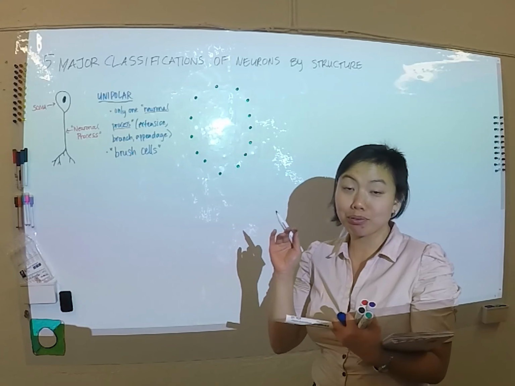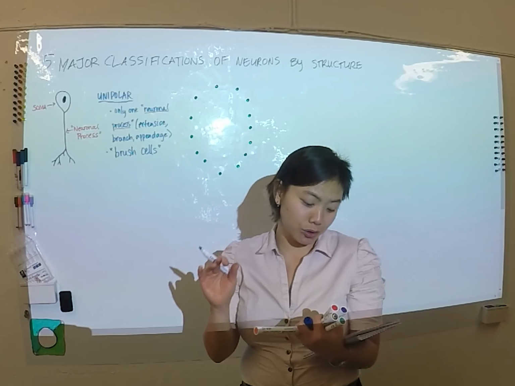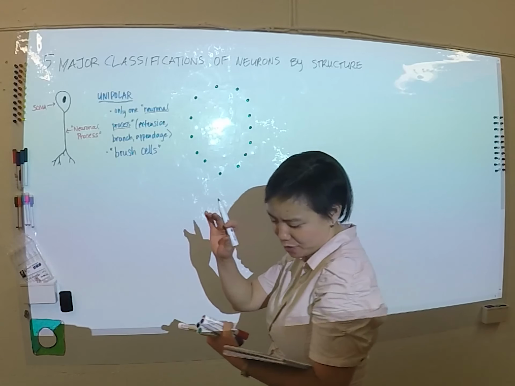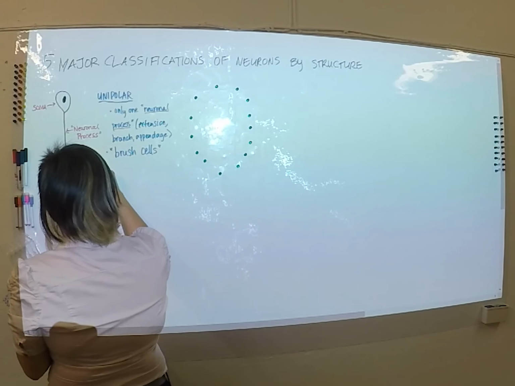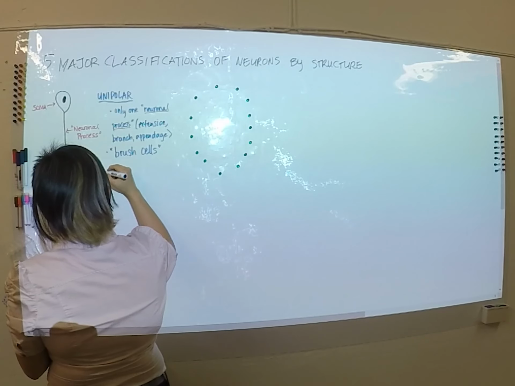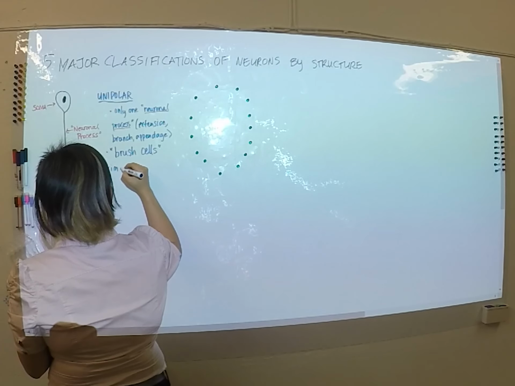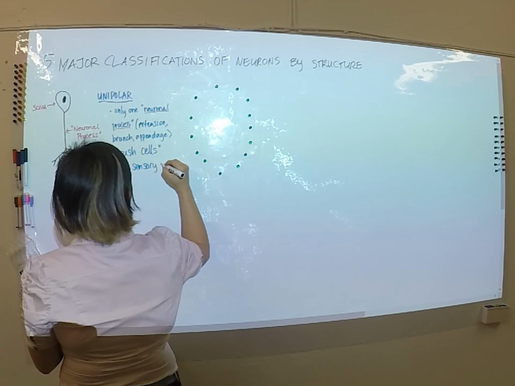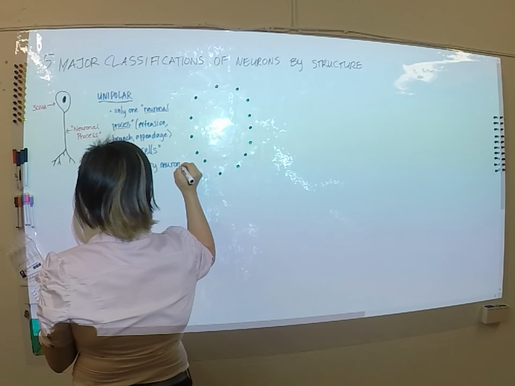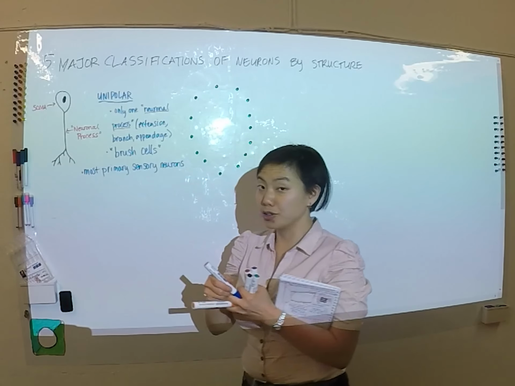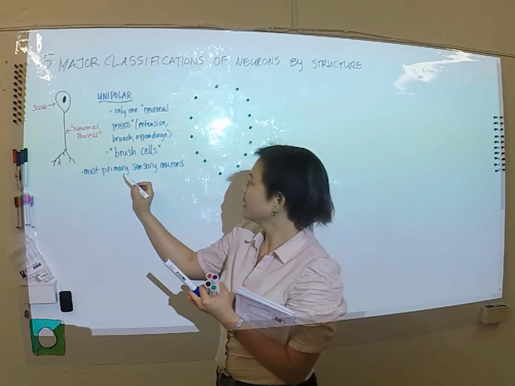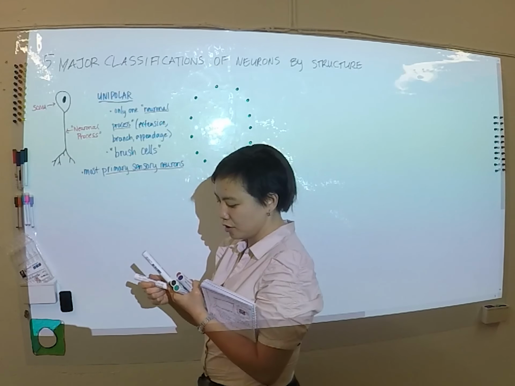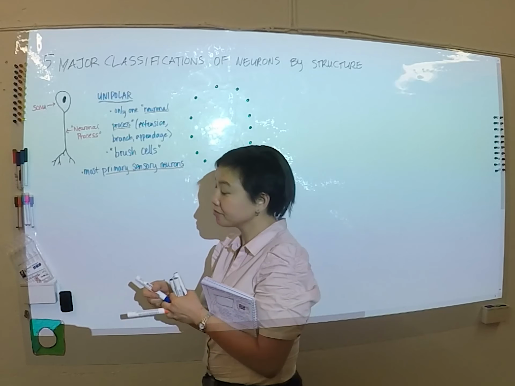And most primary sensory neurons are unipolar. So what is a primary sensory neuron? All right, one thing at a time. Most primary sensory neurons are unipolar, and primary sensory neuron, what does that mean?